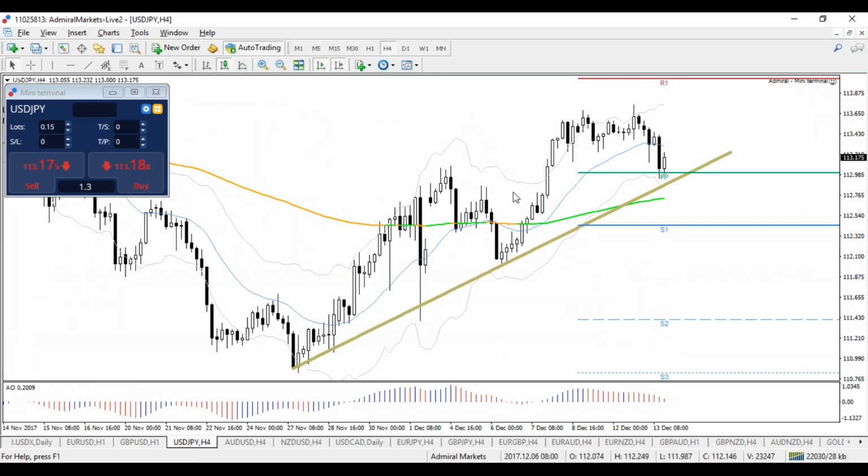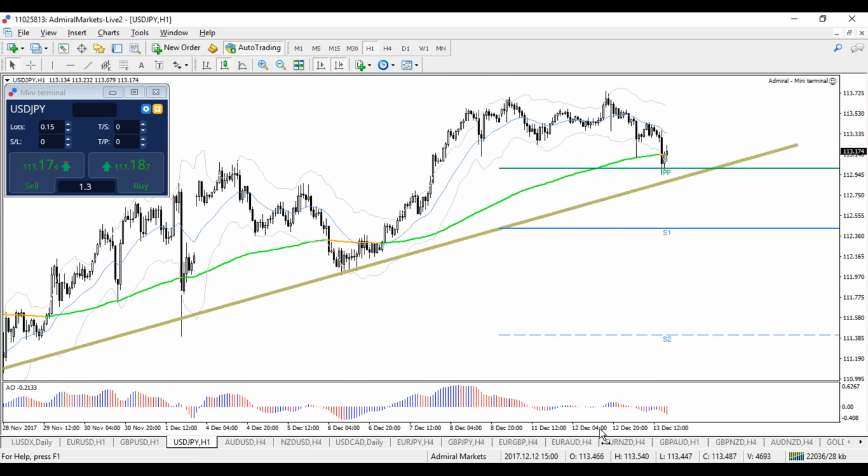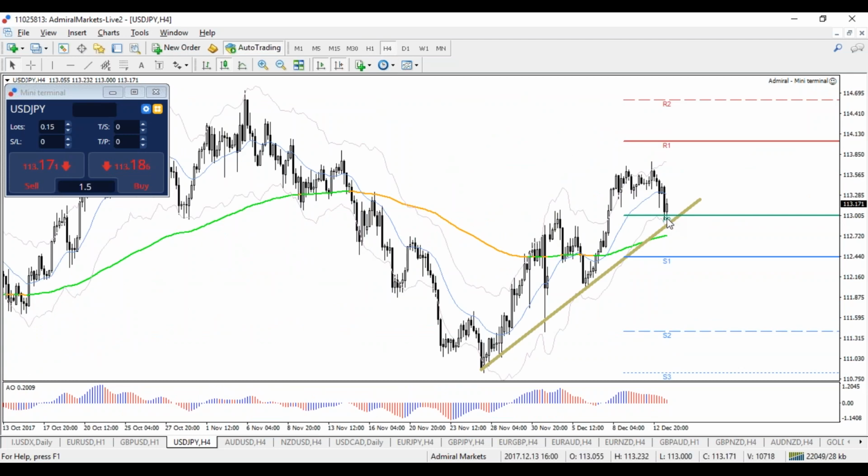Dollar yen is making a big consolidation and correction, still above the weekly pivot point, still looking a little bit more bullish at this point. Unless it breaks below the weekly pivot point, that would change the view, and I don't think it's an uptrend in that case.